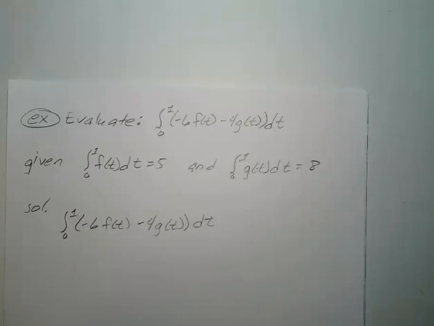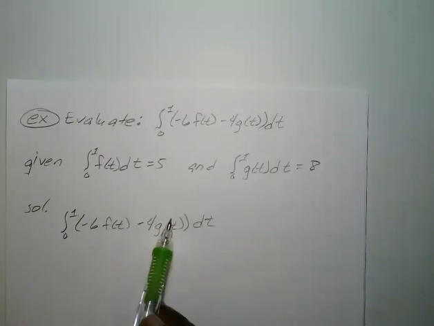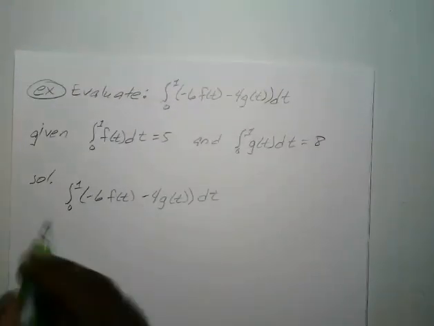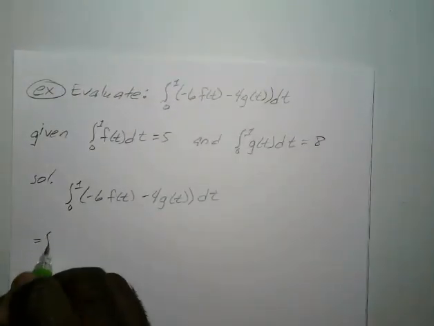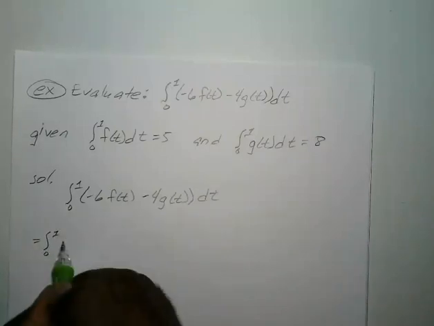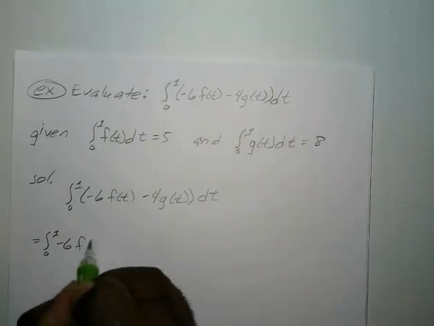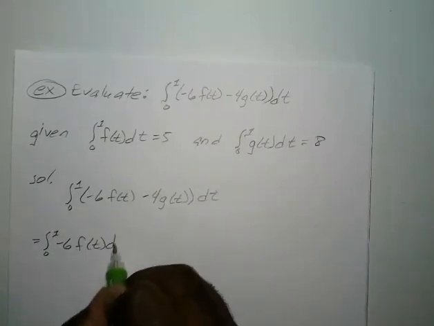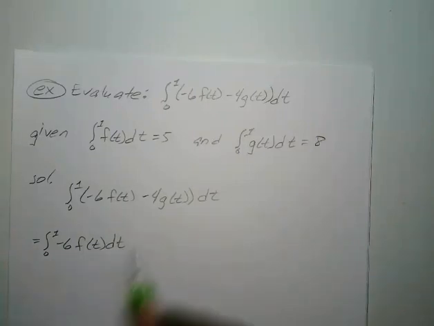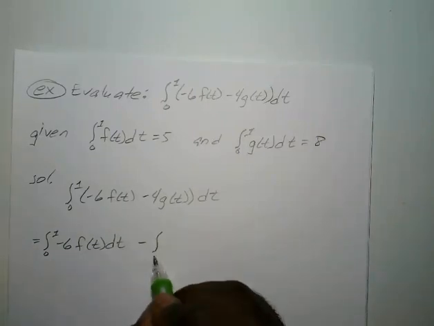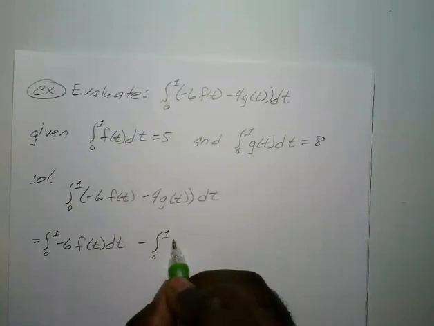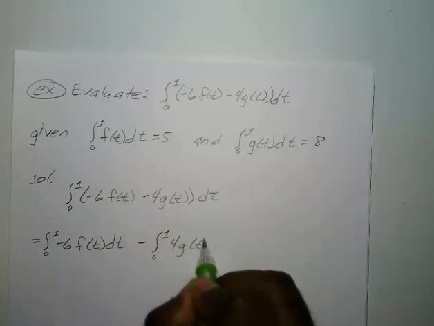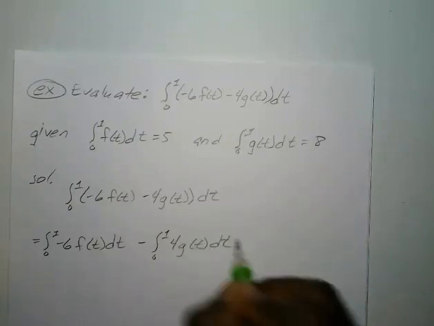All right, so first thing we're going to do is distribute our integral to both of those terms. That will give us the integral from 0 to 1 of negative 6 f of t with respect to t minus the integral from 0 to 1 of 4 times g of t with respect to t.